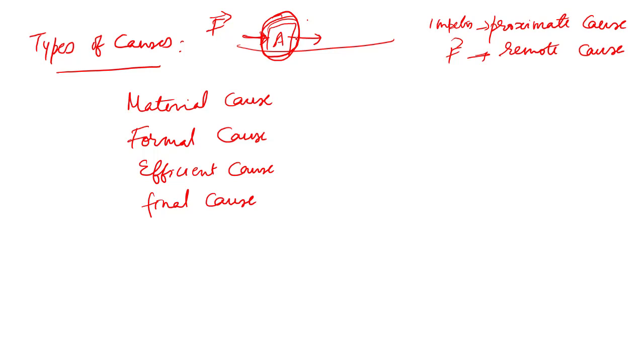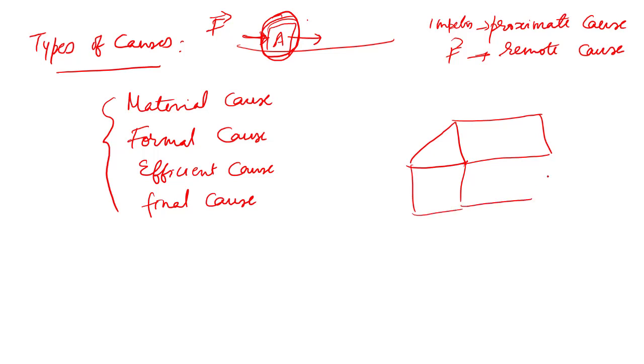Now let's talk about these causes: material, formal, efficient, and final causes. To do this, let's take the example of a house, right? So if I have a house, let's say, the material cause is the material that makes it up.